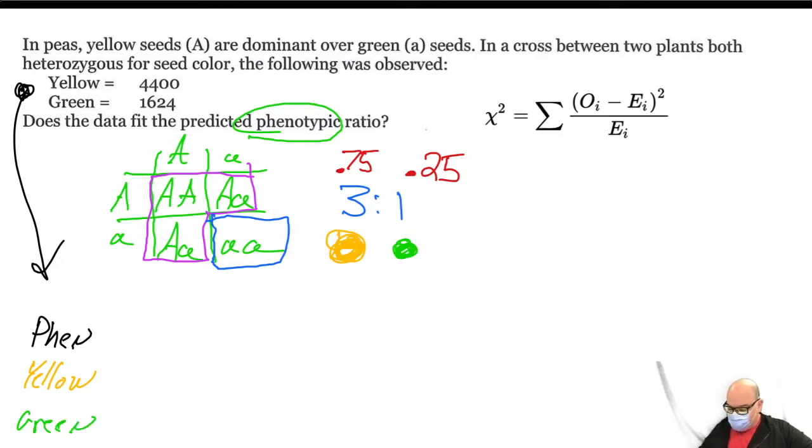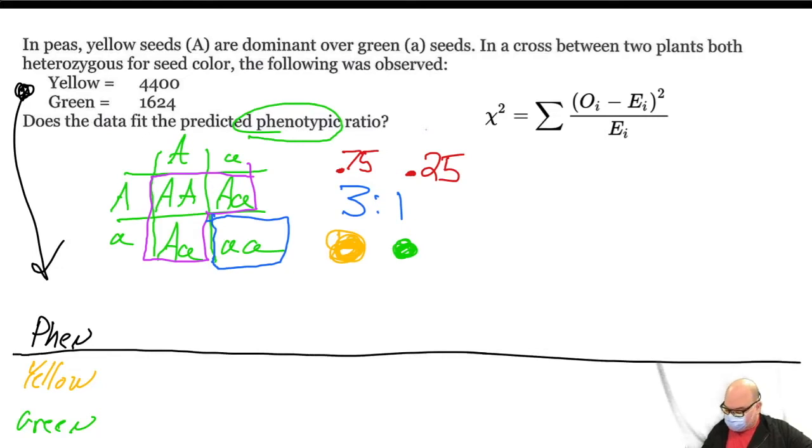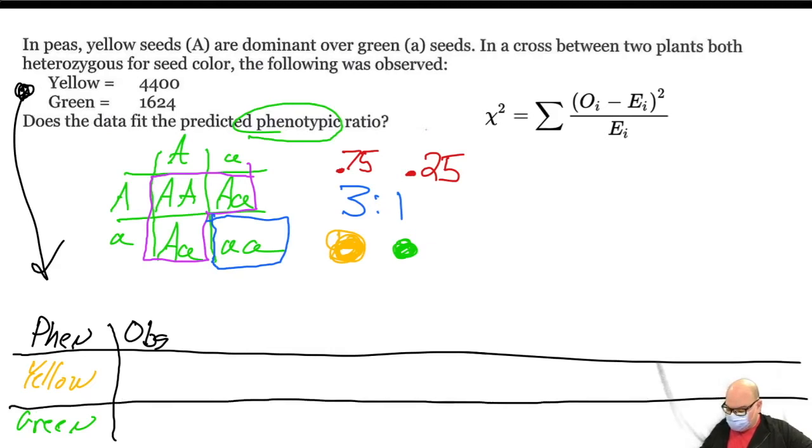Our first piece of data we need is our observed, and that's going to go in this first little block here. I probably made that too small. I'm going to make that a little bigger. So this is our observed data, and that comes right in from here.